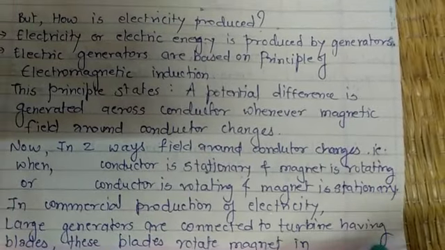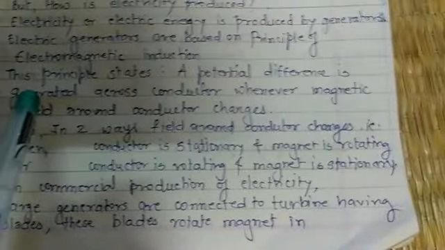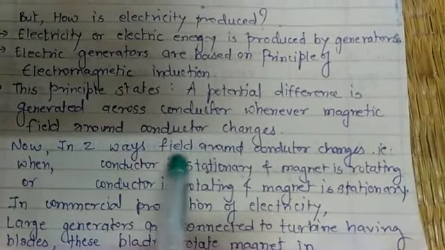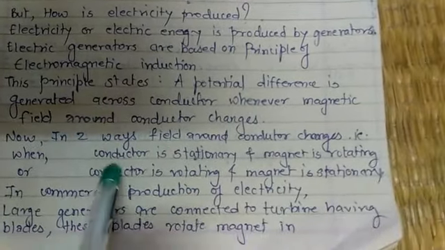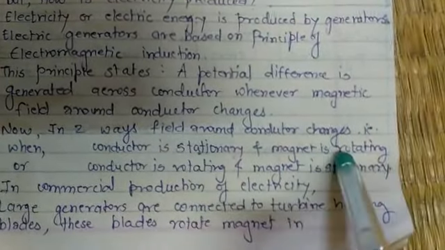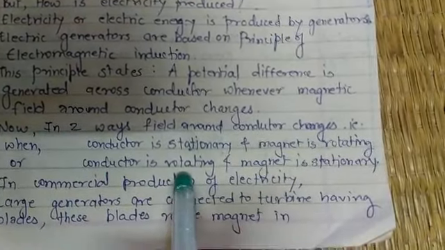In that case, we can see how the magnetic field changes. So now we will see the two ways where the field around the conductor changes. That is, when the conductor is stationary, that is, it is not moving, and the magnet is rotating, or the conductor is rotating and the magnet is stationary.